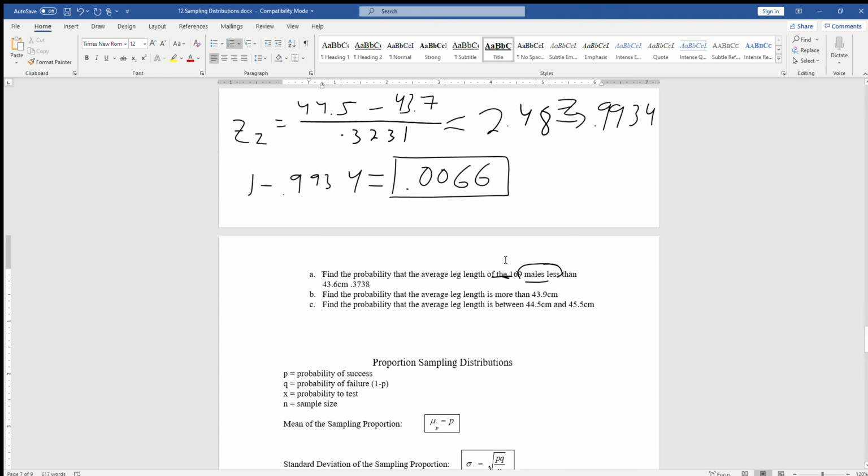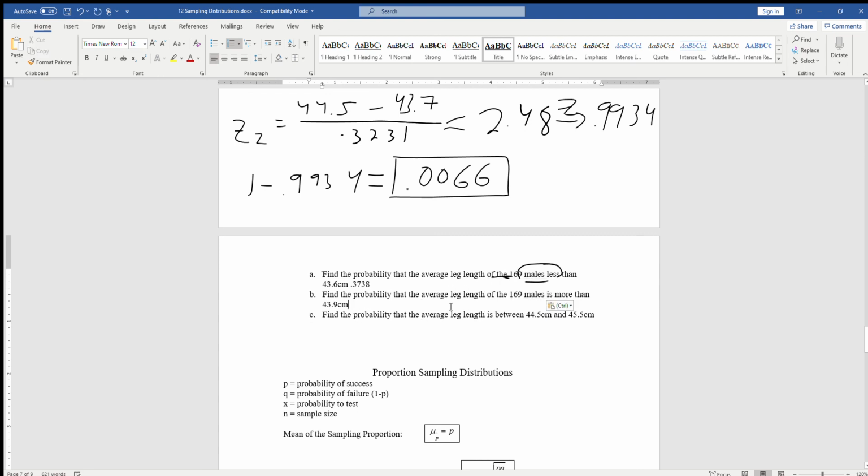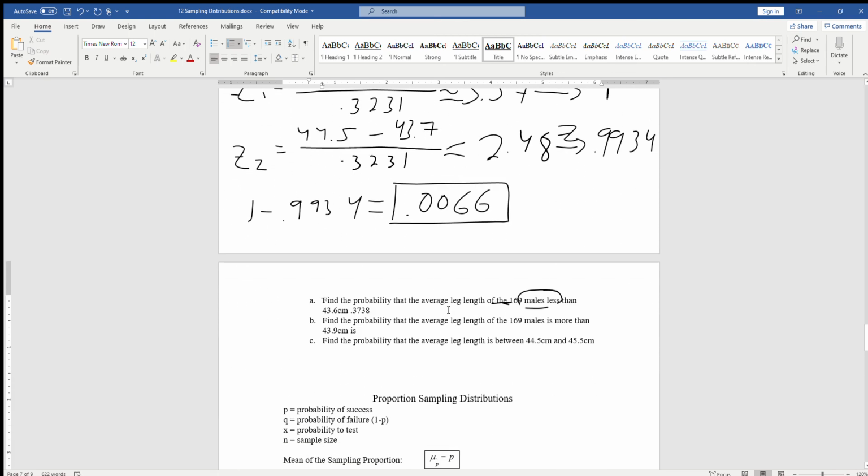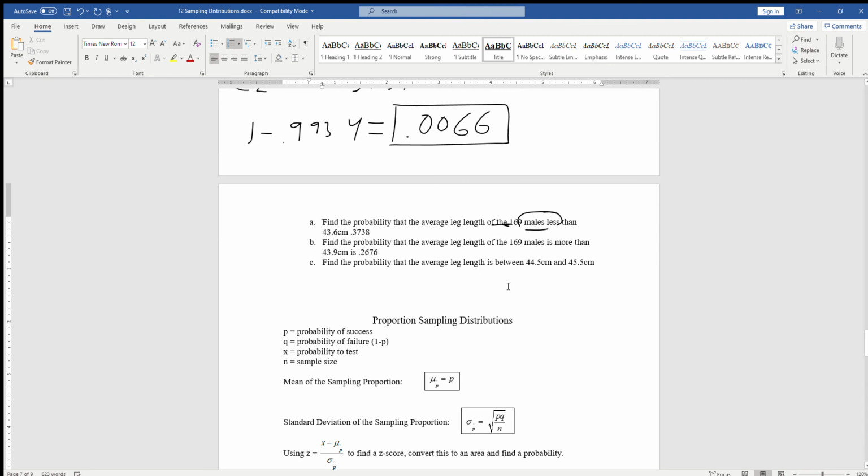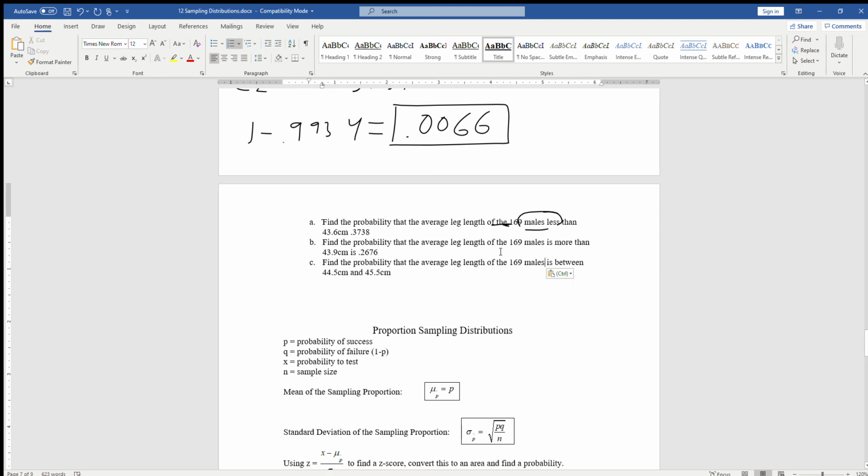The probability that the average leg length of the 169 males is more than 43.9 is 0.2676. And finally, the probability that the average leg length of the 169 males is between 44.5 and 45.5 is 0.0066. So again, it's not very likely that this last event is going to occur.